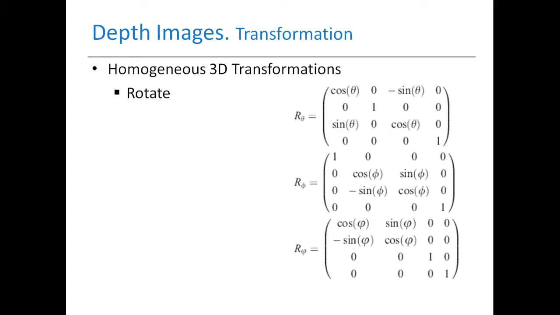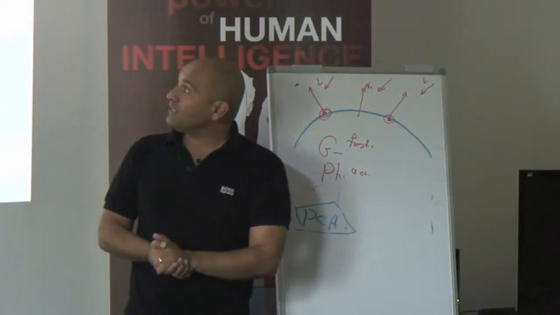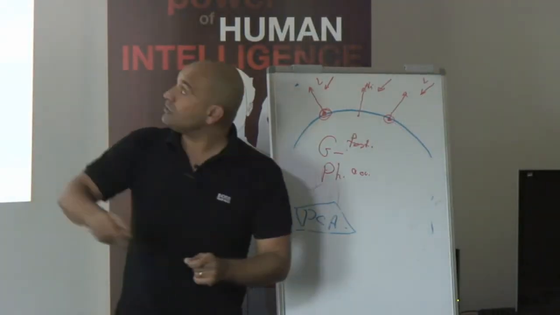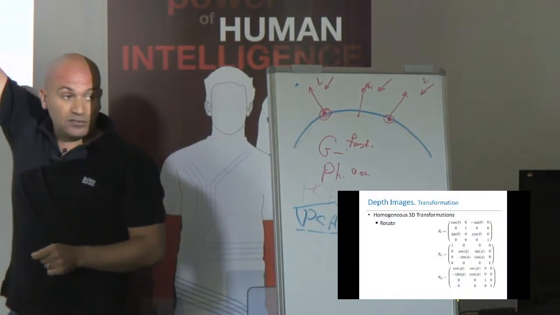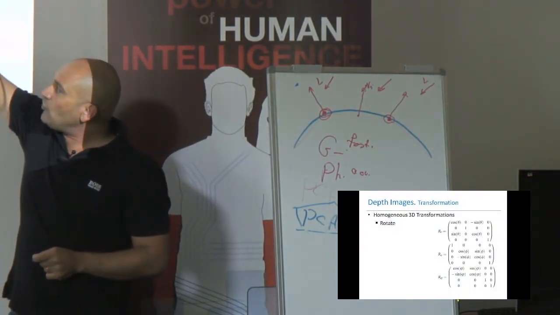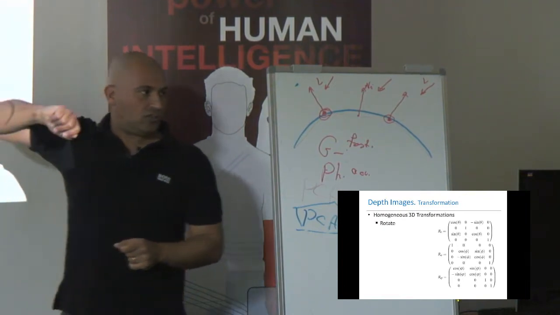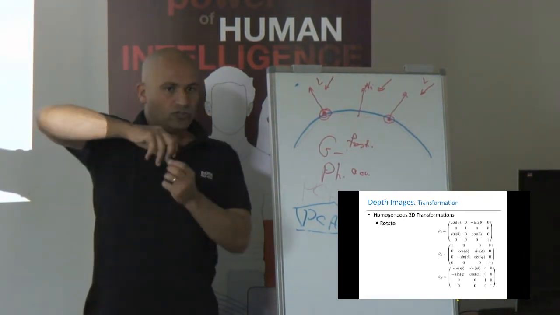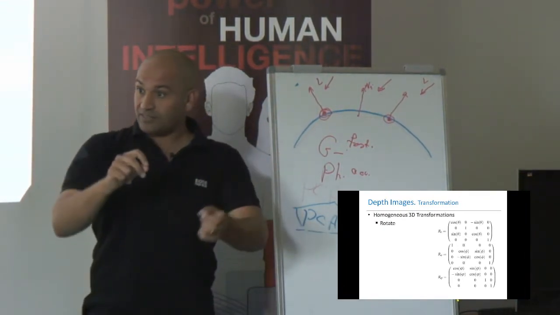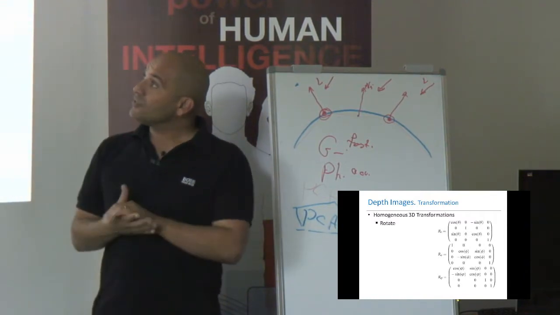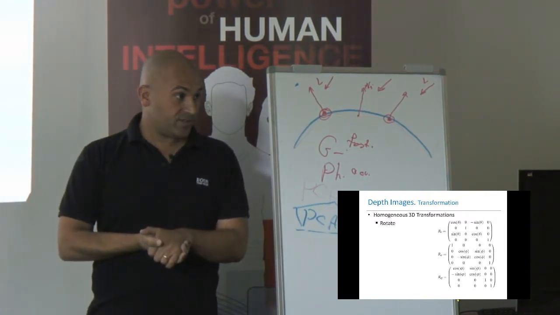So we have a simple rotation about x, a simple rotation about y, and a rotation about z. These are the rotation matrices about the principal axes, which are very simple.